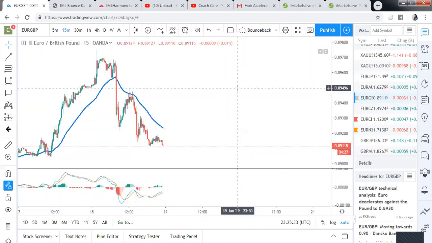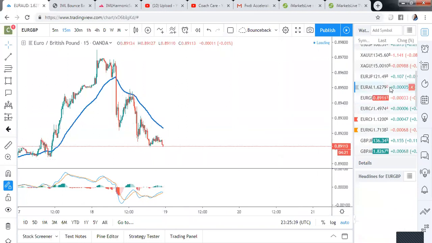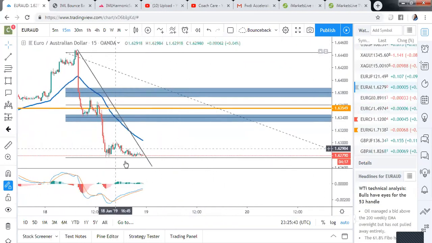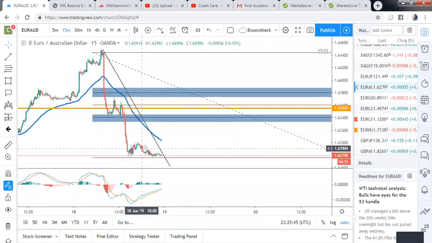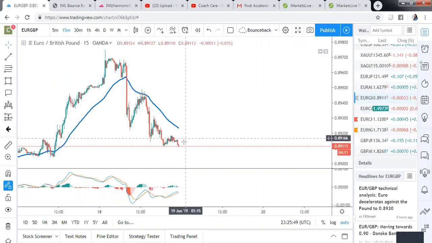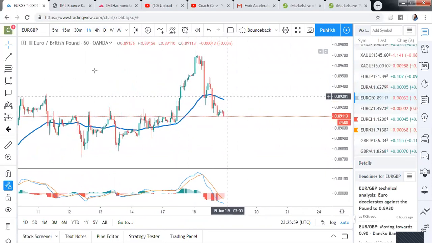Good. Your GBP, same thing. So if you look at your GBP here, and you look at your AUD, smaller but same pattern. Both are falling wedges. So we got the same pattern here. Right now, yes, I am looking for a continuation of the sell move on your GBP. However, again, doing the same thing.